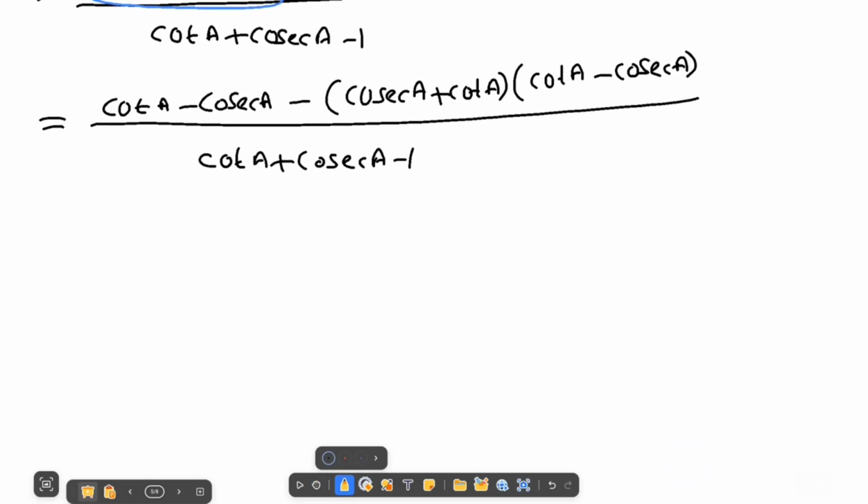Now here we have cot A minus cosec A, and here we have cot A minus cosec A. Let's take cot A minus cosec A common.